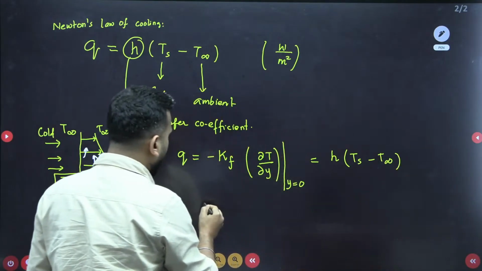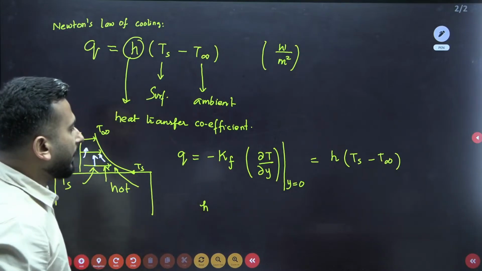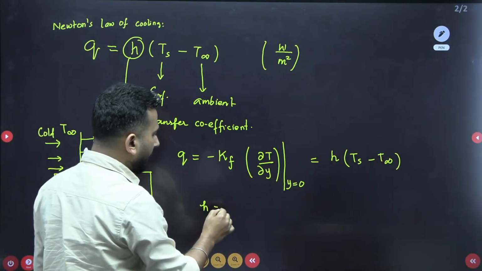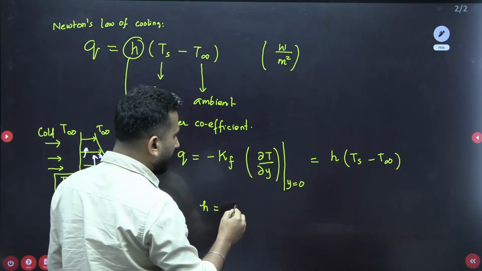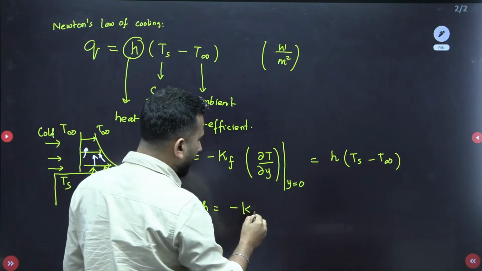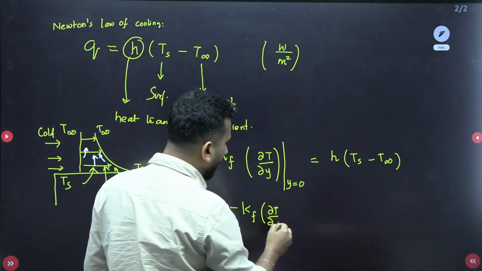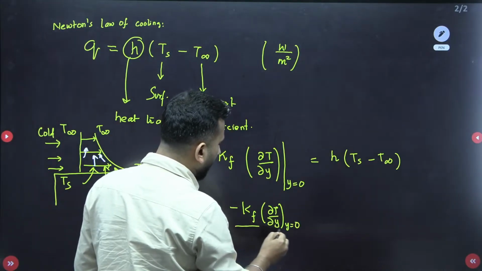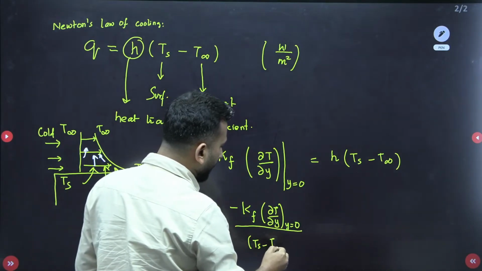So from here, let us say we know the conductivity of the fluid, and somehow I know the temperature profile. If someone asks me what is the value of h, I can write this as minus Kf del T by del Y at y equal to 0 divided by Ts minus T infinite.